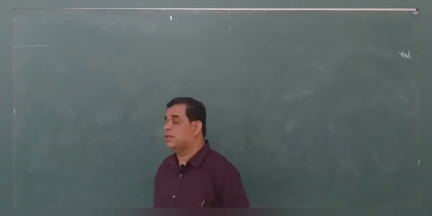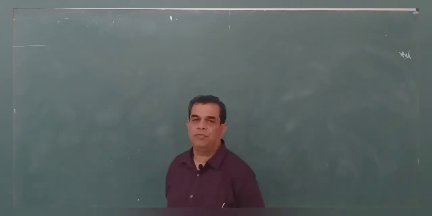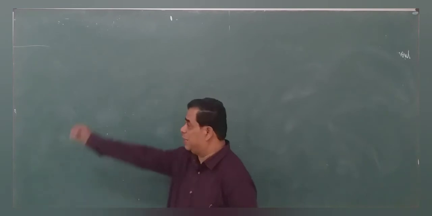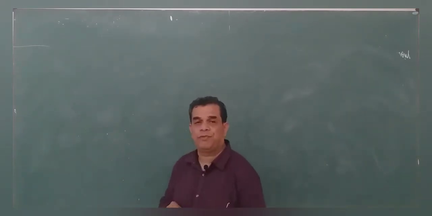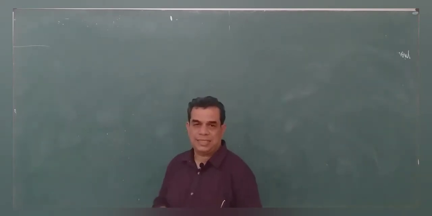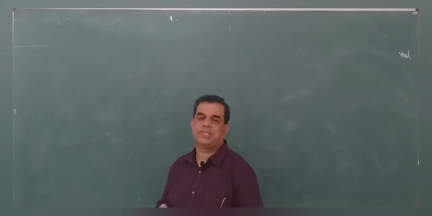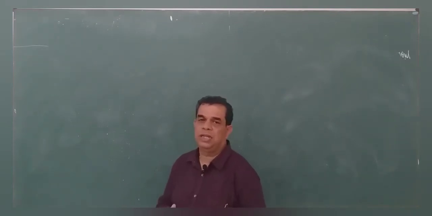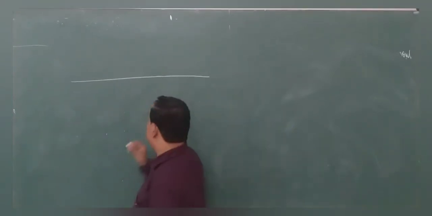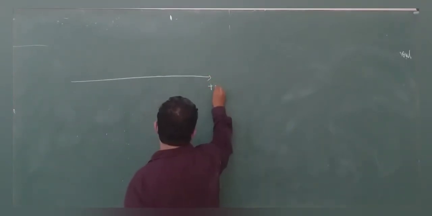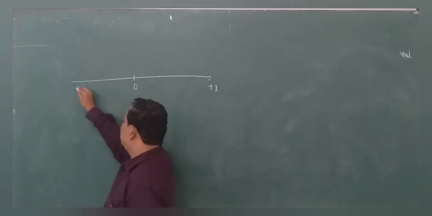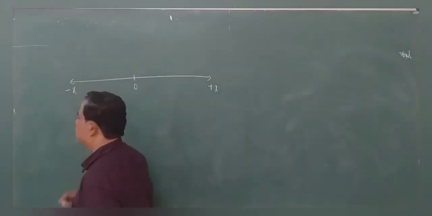Now we are thinking of one-dimensional motion, or motion on a straight line. Therefore, our frame of reference may be the x-axis, y-axis, or z-axis. But for all the situations today, the x-axis is our frame of reference. On this side it is positive x. I take this as the origin. On this side it is negative x.